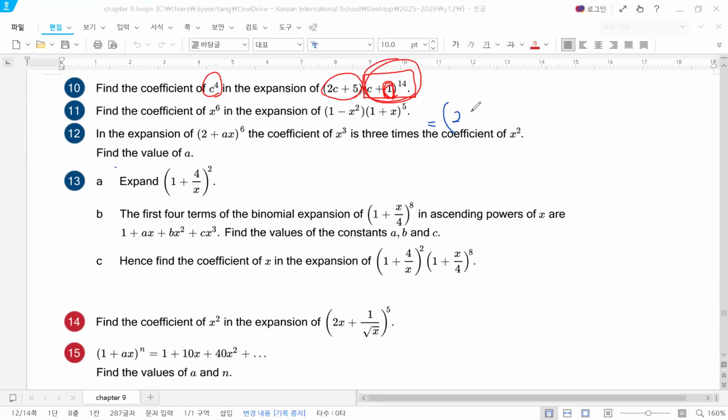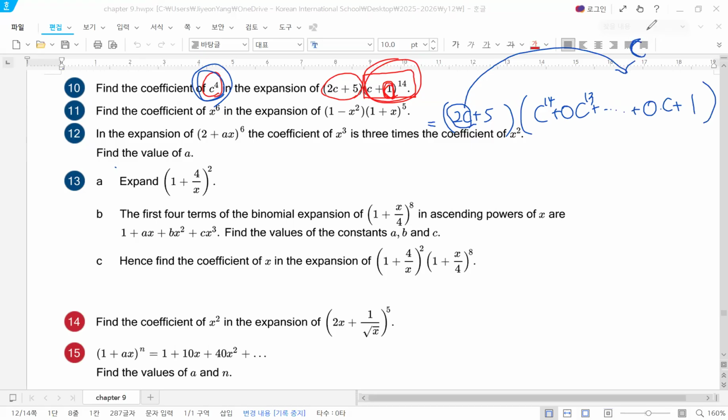So let's say the first factor is (2c + 5) and the other is c to the power of 14 plus, and I am going to omit the coefficients, I'm just going to write something times c to the power of 13, plus, plus something times c, plus 1, in this way. To make c to the power of 4, this one is 2c, so you need to choose c to the power of 3 to make c to the power of 4.